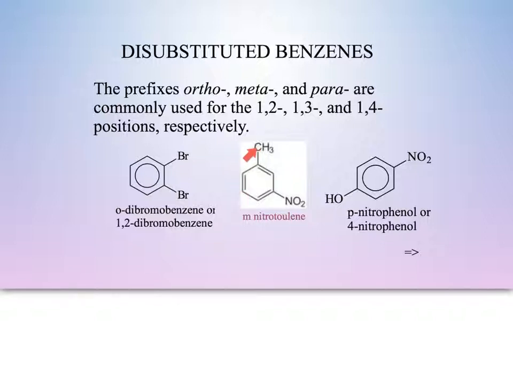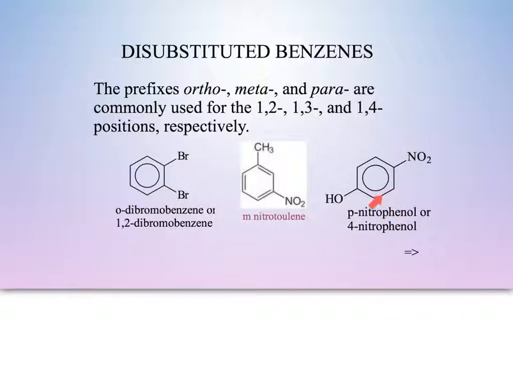Here, because we have the CH3 attached to the benzene, that makes this a toluene. And you would see this on the previous slide. Now this is a nitro, and when we're at a 1 and a 3 position, that's meta, or M. And so we could call this M-nitrotoluene, or we could call this 3-nitrotoluene.